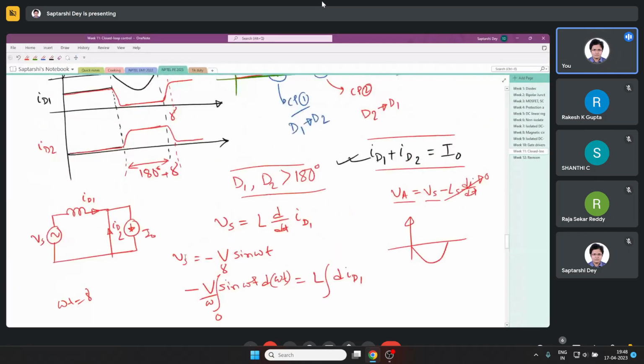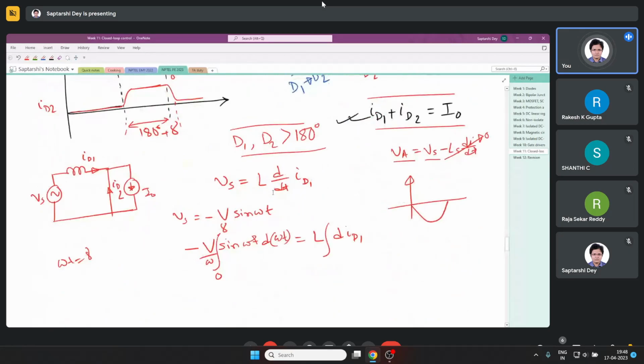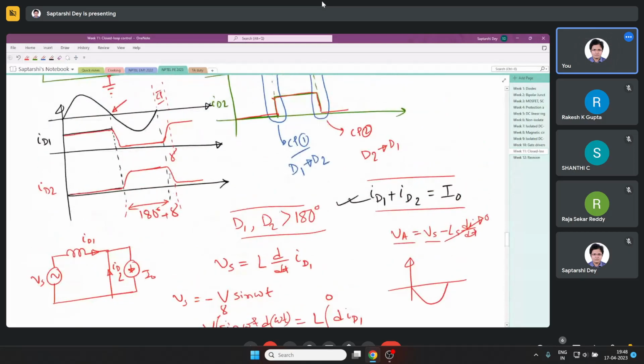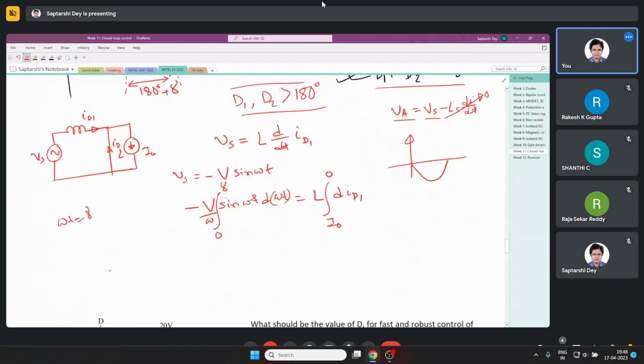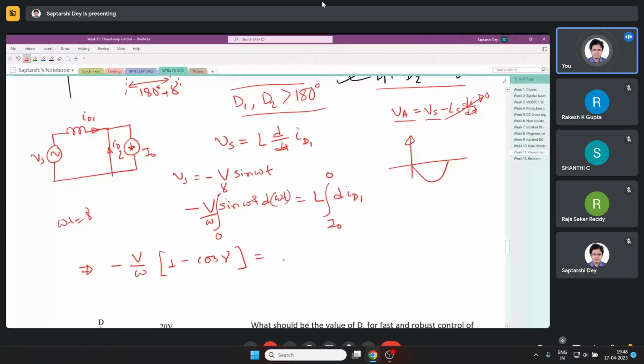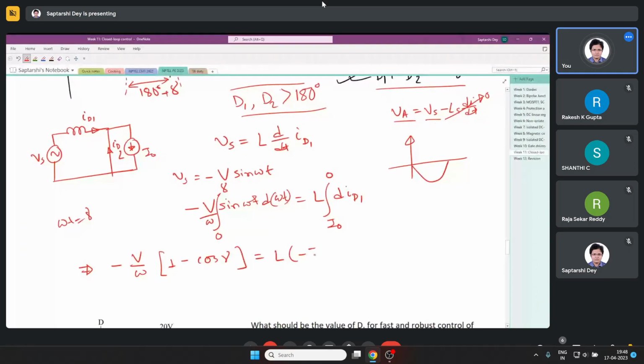And 0 to gamma, what is happening to ID1? ID1 is changing from its full value of I naught to 0, right? Yes. So this becomes sine theta d theta, so minus V by omega cos theta, cos 0 is 1 minus cos gamma, that comes out to be L times ID1 from I naught to 0, so minus I naught.